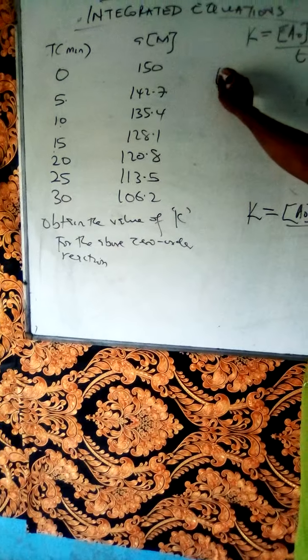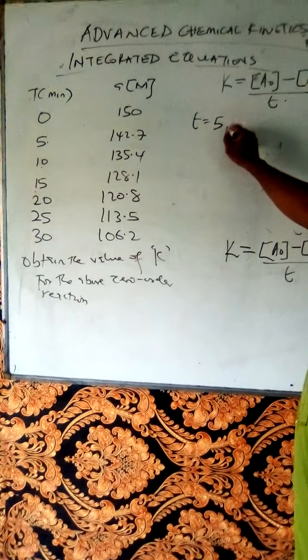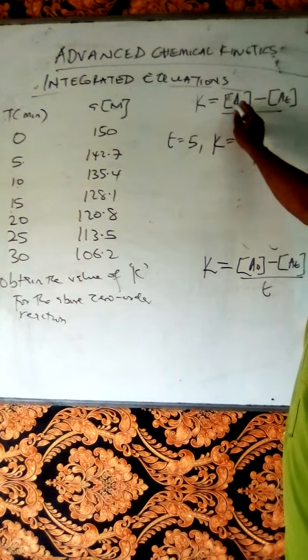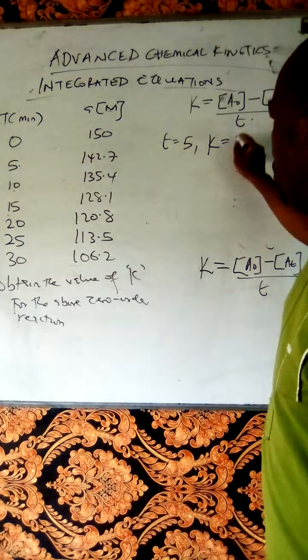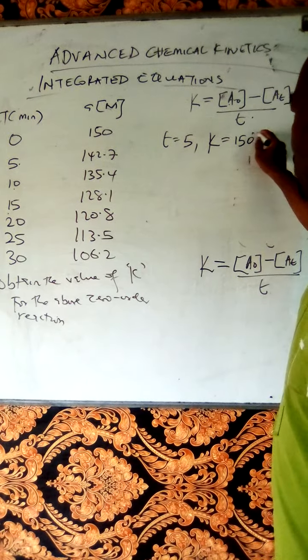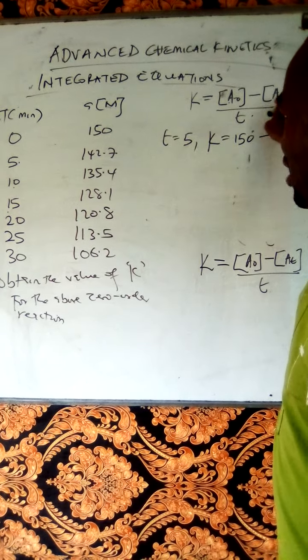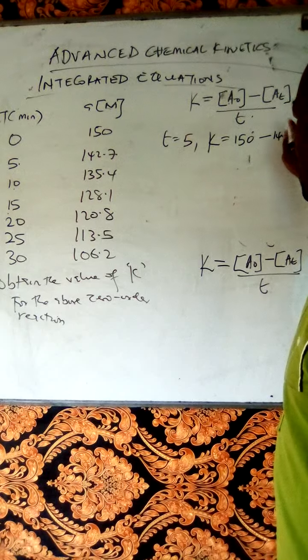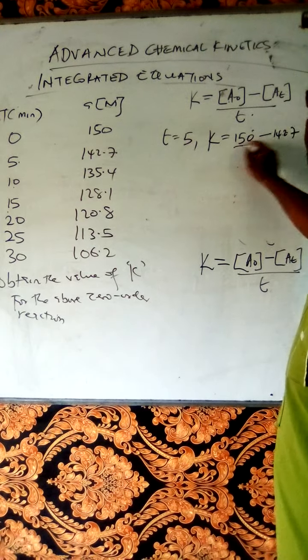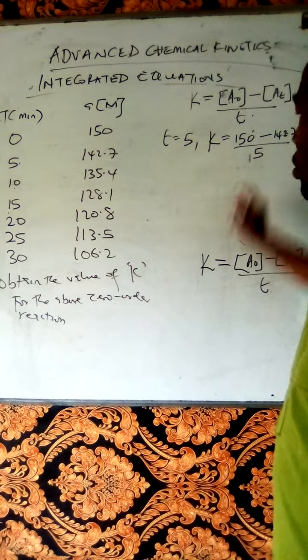So when the time is 5 minutes, the value of k becomes the initial concentration, which is 150, A0 at time 0, minus the concentration when the time is 5 minutes, which is 142.7. We substitute, all over the time, 5.